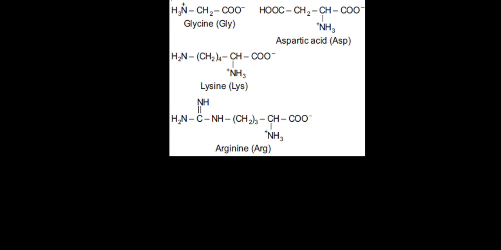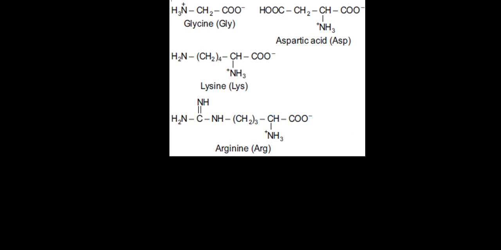And if more amine groups are present and fewer carboxylic acid groups, then we call it basic. In arginine and lysine, there are more amine groups than carboxylic acid groups, so they are basic. Aspartic acid has more carboxylic acid groups than amine groups, so it is acidic. And glycine has equal numbers of carboxylic acid and amine groups, so it is neutral.